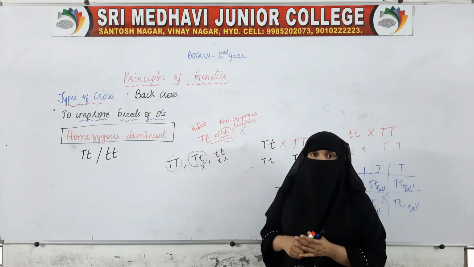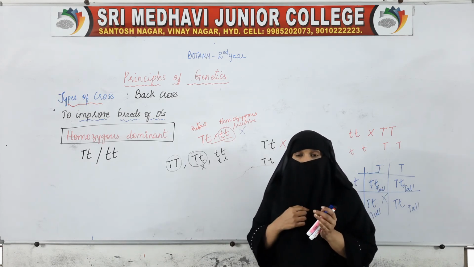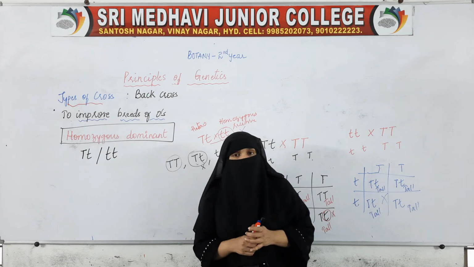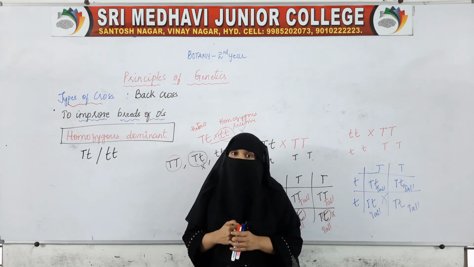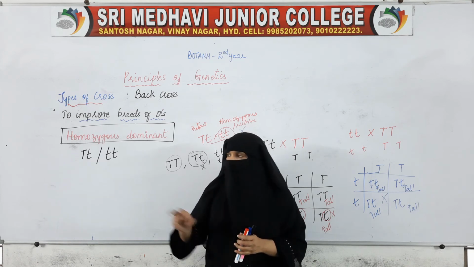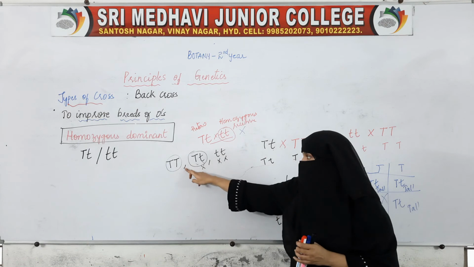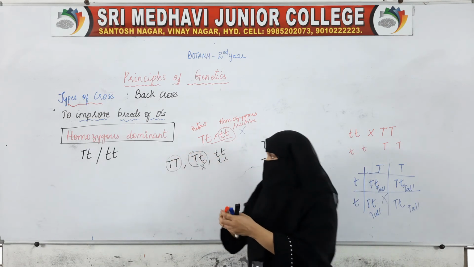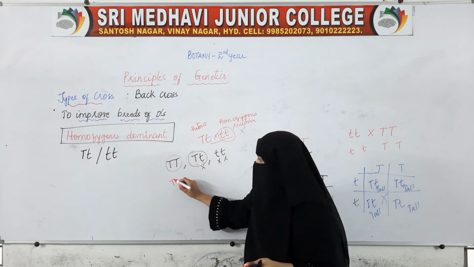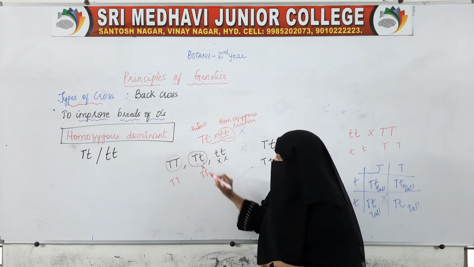So why do we do back cross? To improve the breed of the organisms. And how can we improve the breed of the organisms? By crossing the genotype or the parent with homozygous dominant.